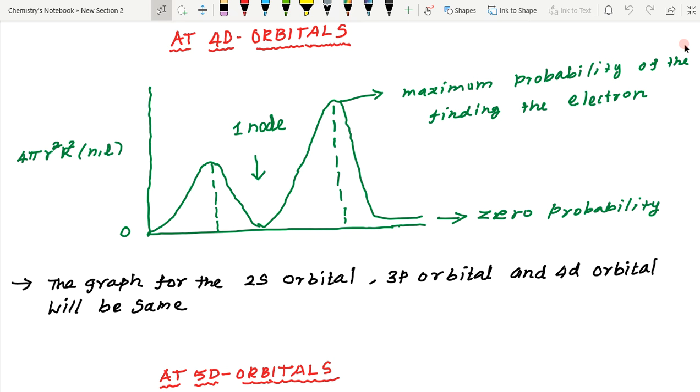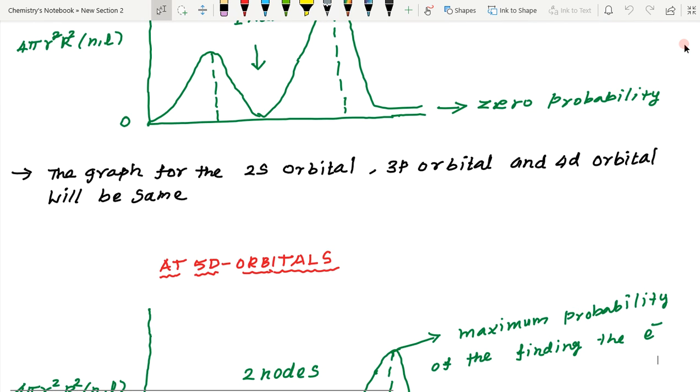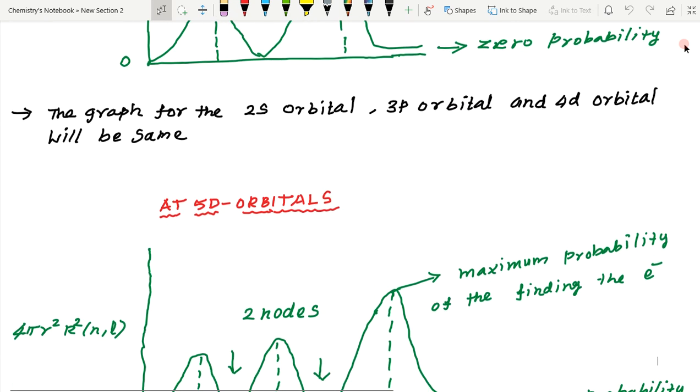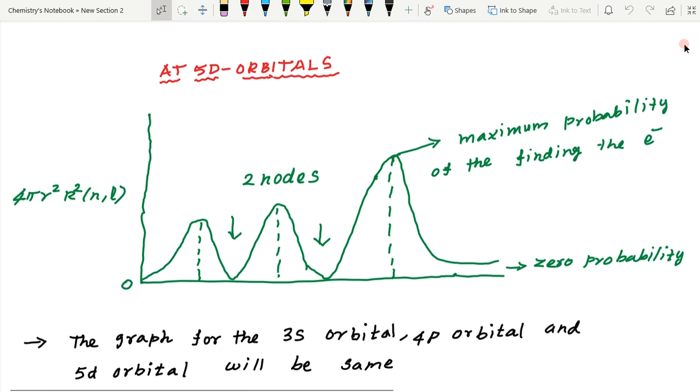The bigger curve denotes the maximum probability of finding the electron. In this graph, the 2s orbital, 3p orbital and 4p orbital will be the same. So always the same.